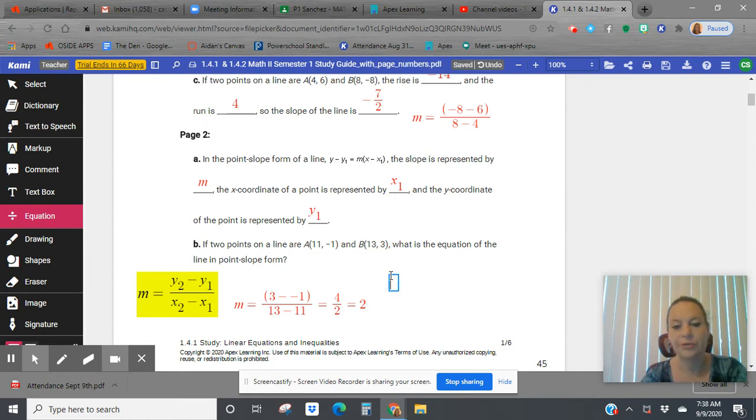So my slope is 2. Now I can go plug into that equation. So y minus y1. So I'm going to always use the same point that I called y1 just to stay consistent with the formula. So y minus a negative 1 equals 2 times x minus 11. I'm plugging straight into the formula given to us right up here. And that gives me a final answer of y plus 1 is equal to 2 times x minus 11.